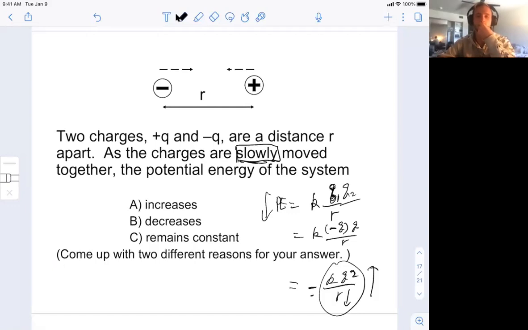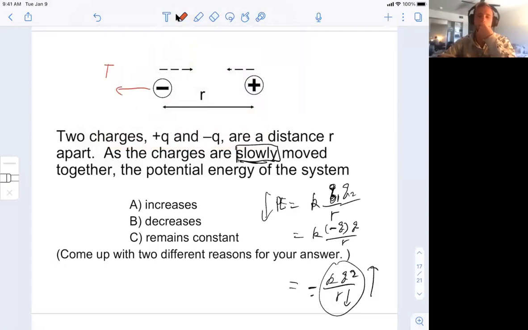So that's one method. Is there another method by looking at the work done? If they're moving slowly towards the center, that means they're not accelerating towards each other, so some force is acting on them. Okay, so the force on the negative charge should be pointing to the left or right? To the left.